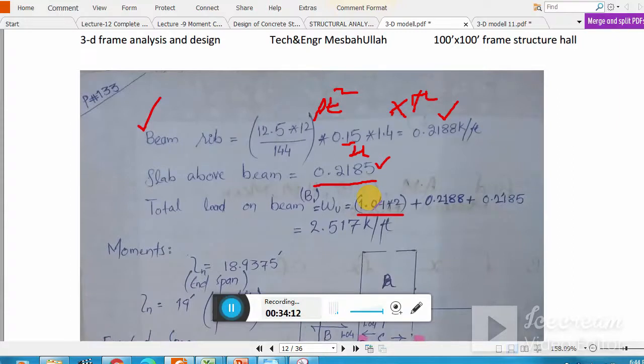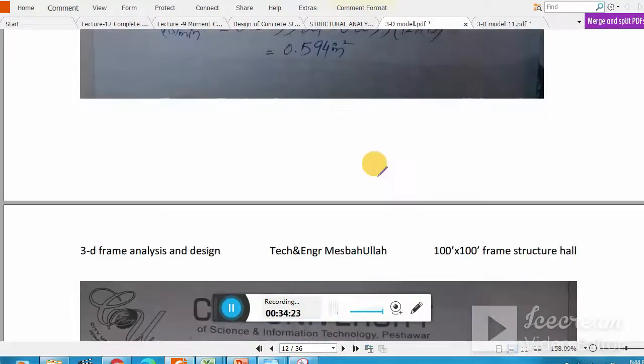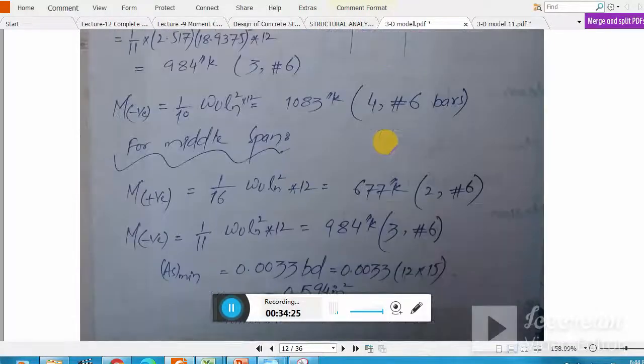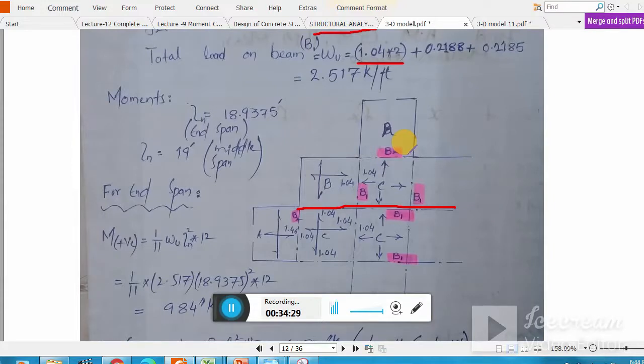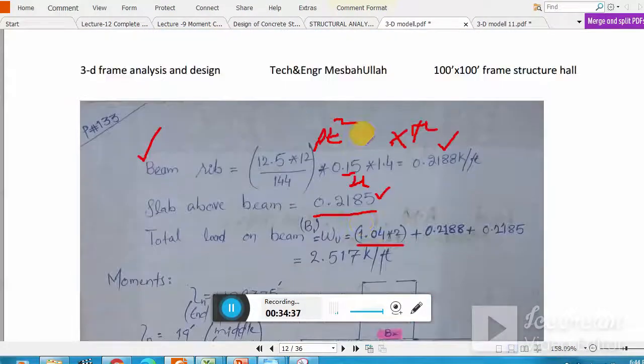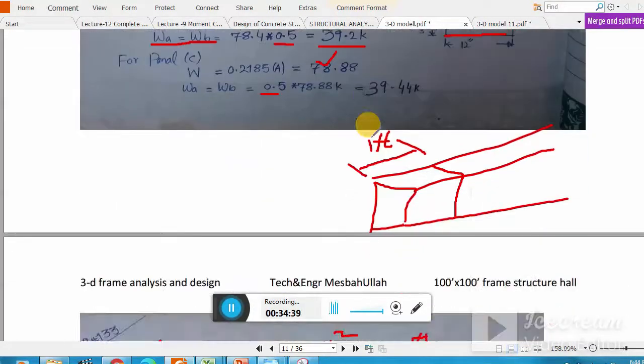If you divide the calculation, let me check. For example, let me show you in panel... Yes, I will also show you. 39.2, I think, where it is 39.44.